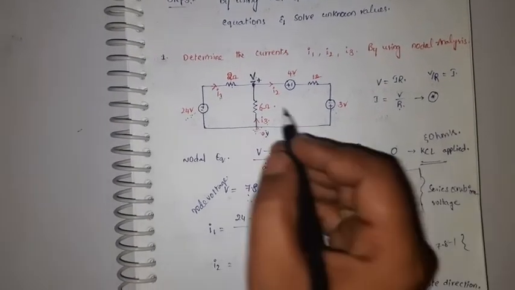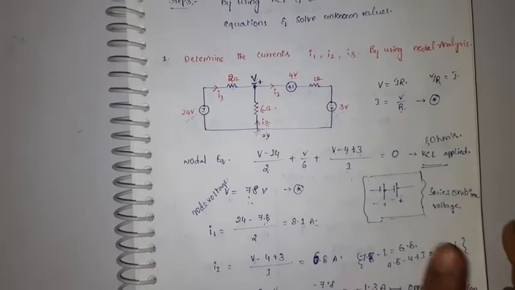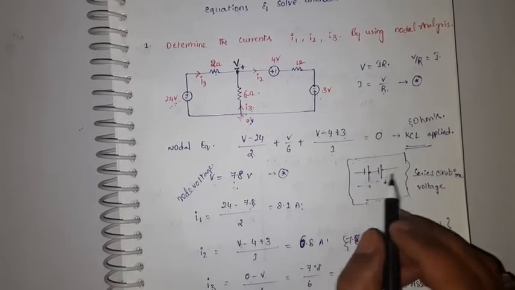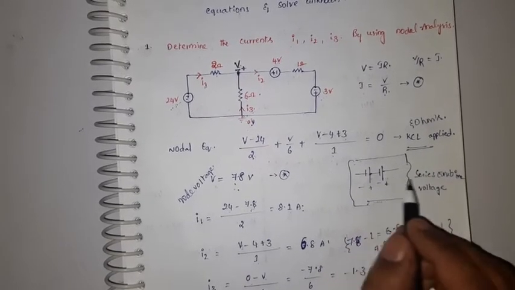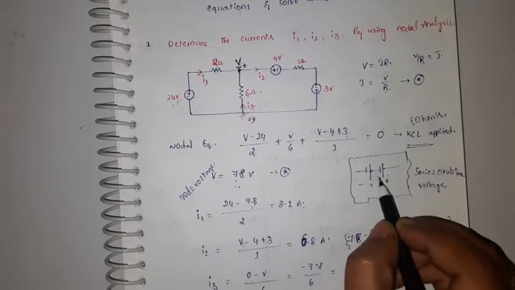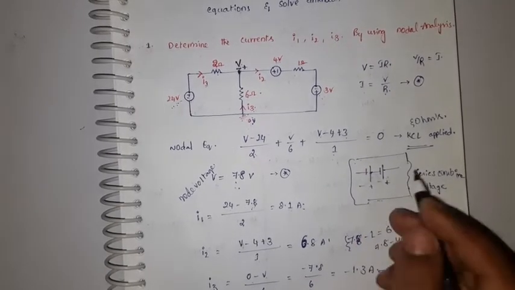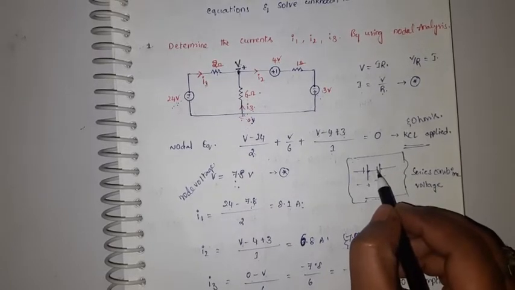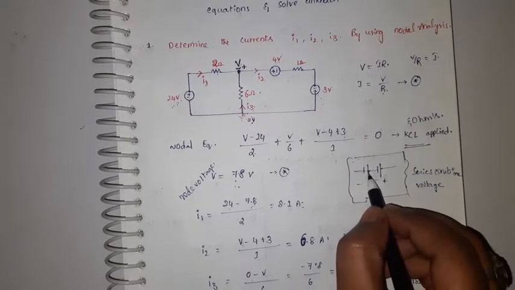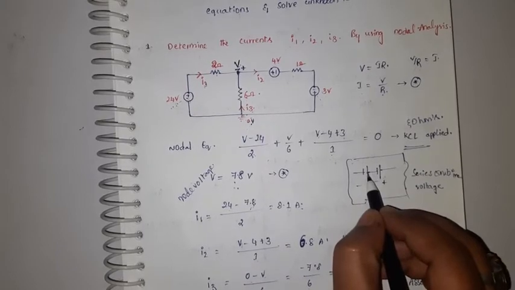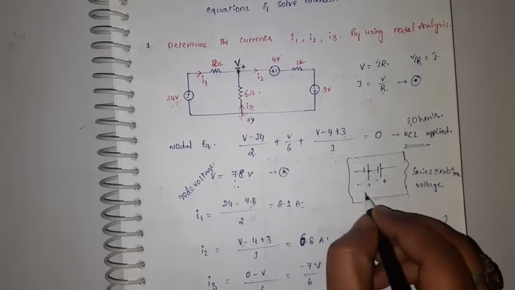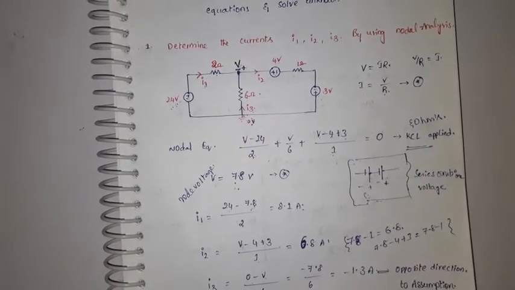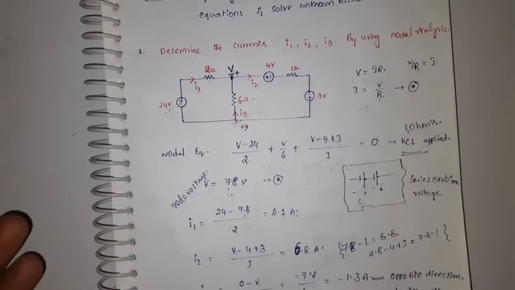This is nothing but a series combination of voltage sources. I think we have discussed it earlier; you are familiar with it, I guess. So what is the series combination of voltages? When the negative terminal of a voltage source is connected to the positive terminal of another voltage source, the resultant is the sum of those two.